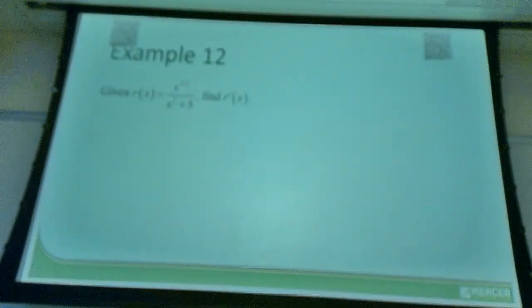We have to use quotient rule. If it was the reciprocal, we wouldn't have to.